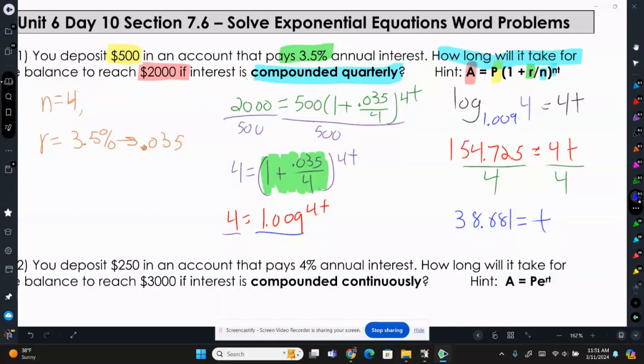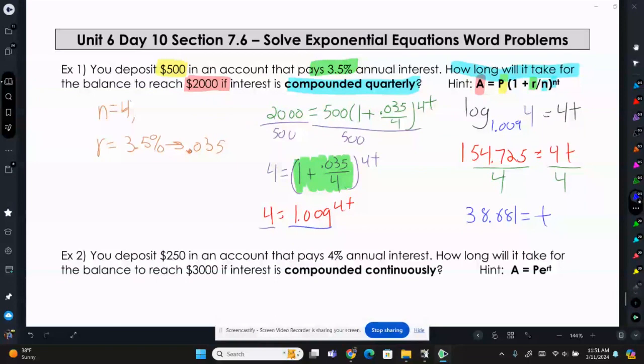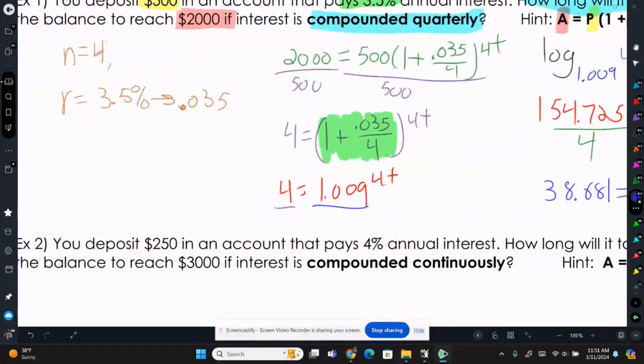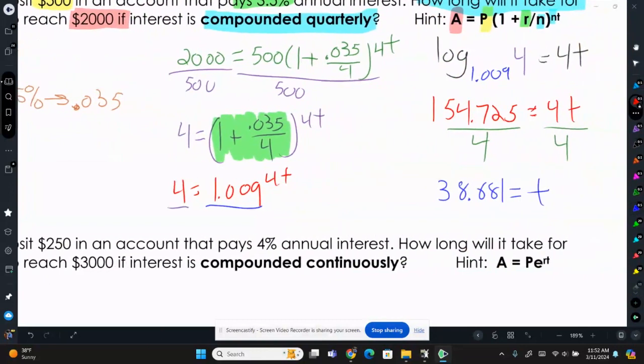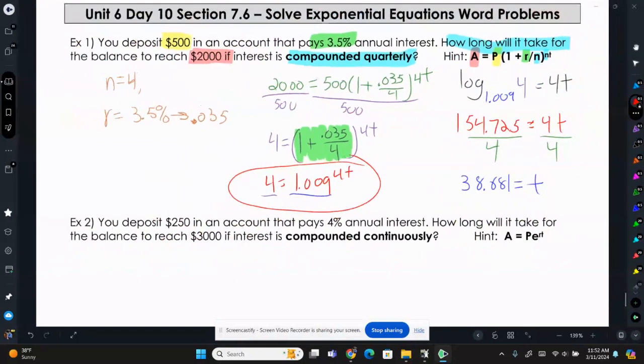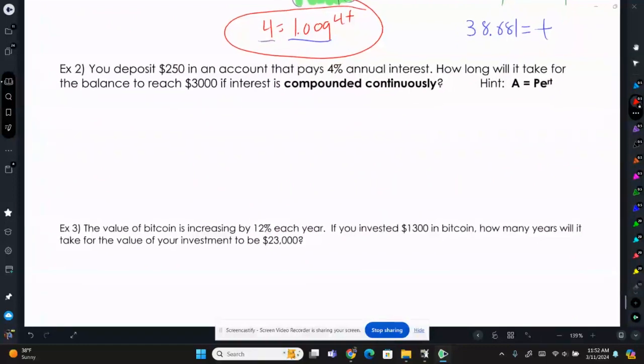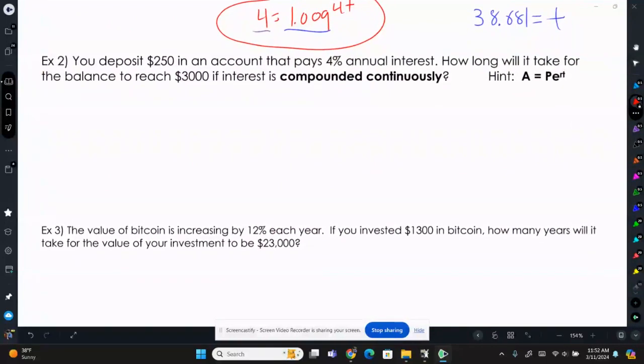So it'd be about 38, 39 years for it to go from $500 to $2,000. So like I said, what we had to do was basically read and then manipulate to get it to this part, which looks like the equations we did yesterday, where we just have an equation and we change it to log form.